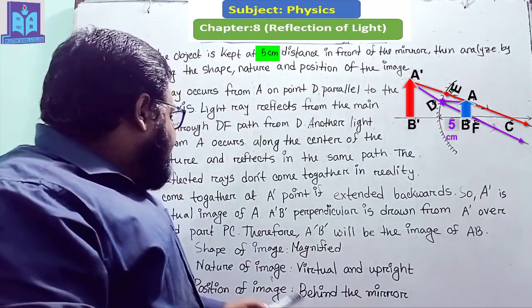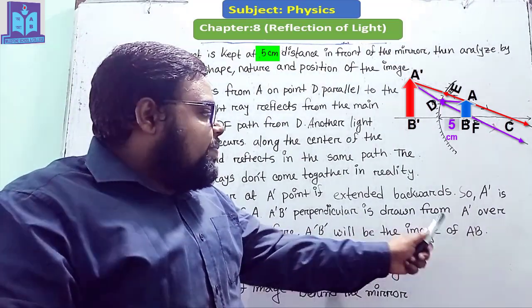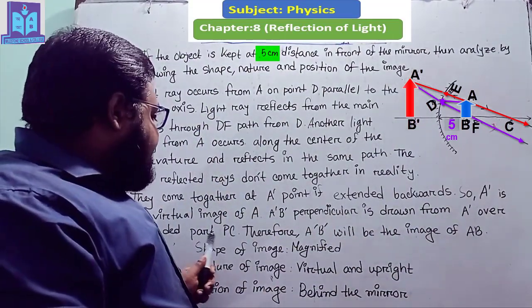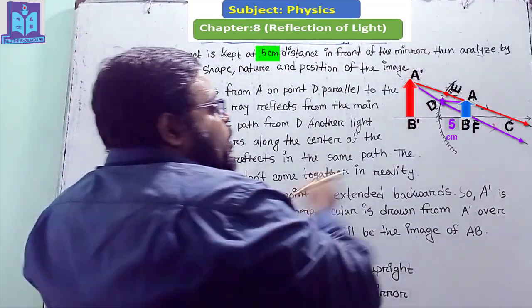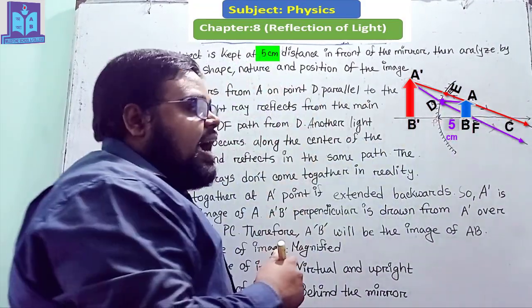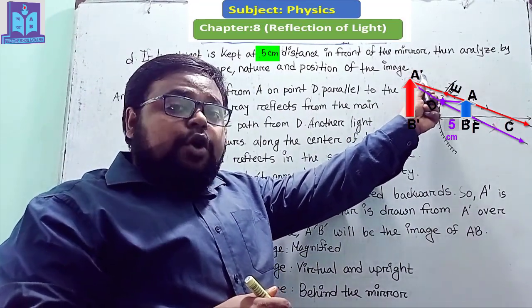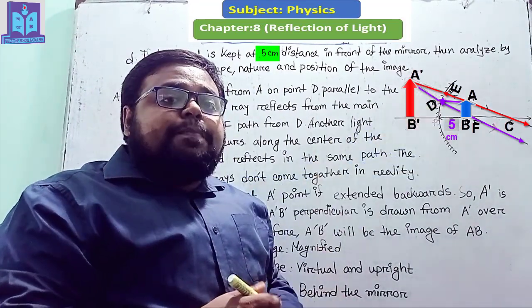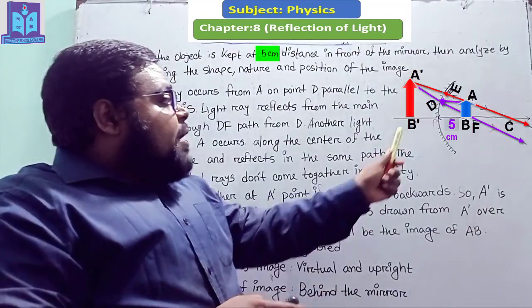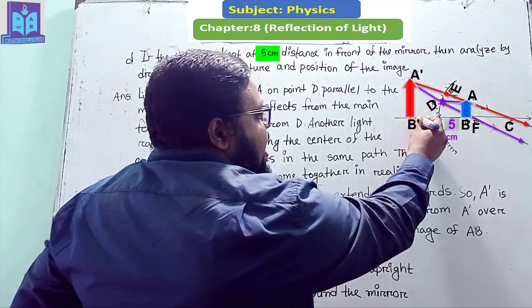Now, A prime B prime perpendicular is drawn from the A prime over the extended part of PC. That means we have to extend this PC at the backward side, and draw a perpendicular from the A prime point to the extended part of PC, and the perpendicular will cut the PC at the B prime point.